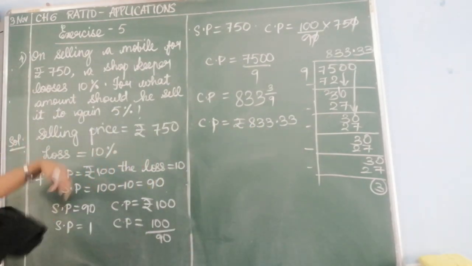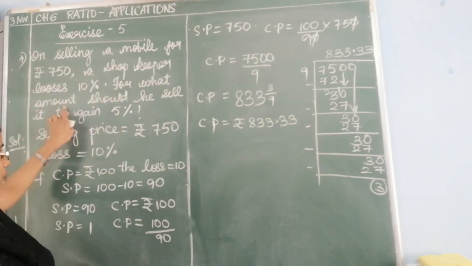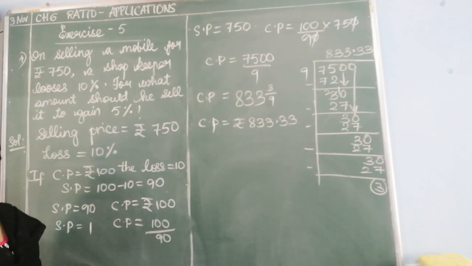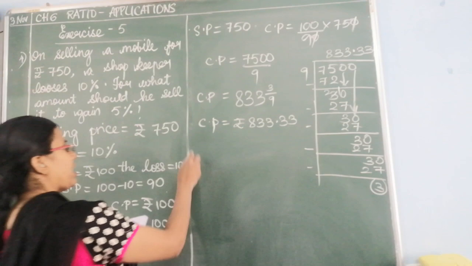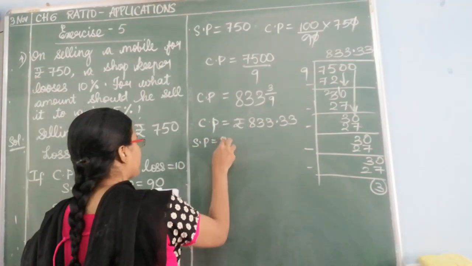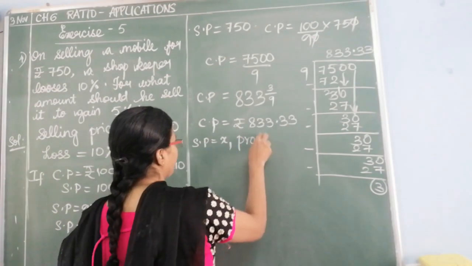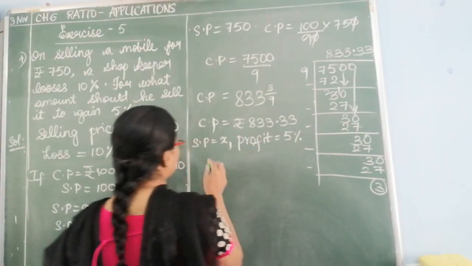Now we have to find out the last part. Till here we finished. For what amount should he sell it to gain 5%? What is the selling price? That we don't know. Selling price we will take it as X. Then gain or profit. You want to earn 5% as the profit.